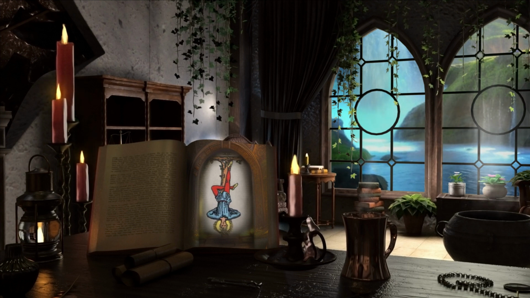This character has a halo around his head, and this means he is connected with the divine. We also see a rope here, which is the symbol of being bound. So he is bound to this T-shaped wood structure, which means spiritual life.